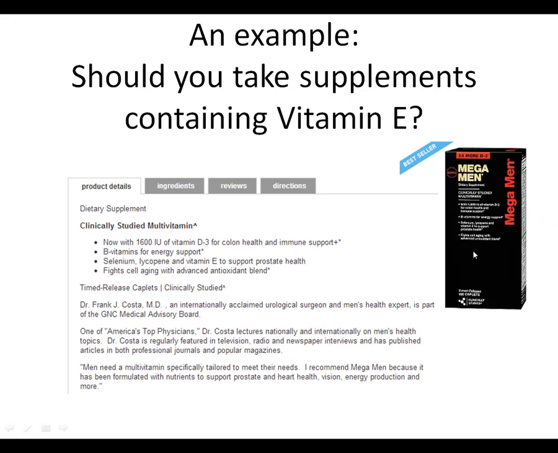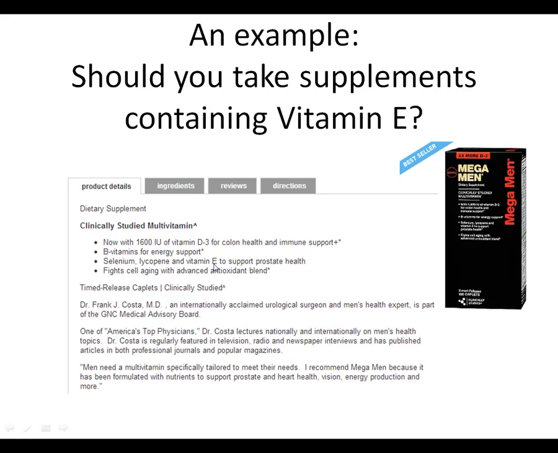It's actually a mixture of chemicals. It has vitamin D3, B vitamins, selenium, lycopene, vitamin E, and an advanced antioxidant blend, which you're going to read a little bit about in the Spotlight on Complementary and Alternative Nutrition. So the issue is the vitamin E.